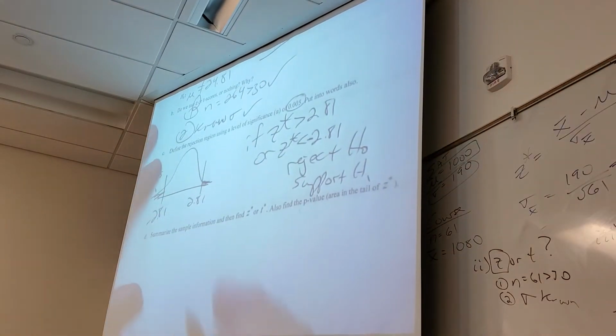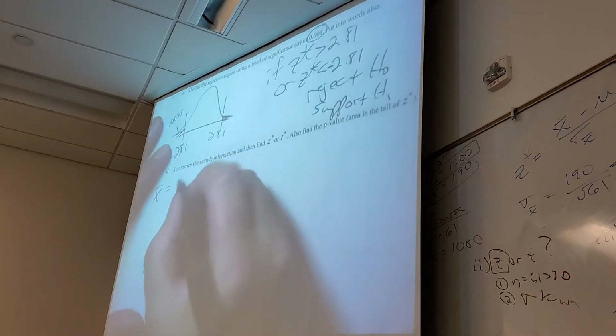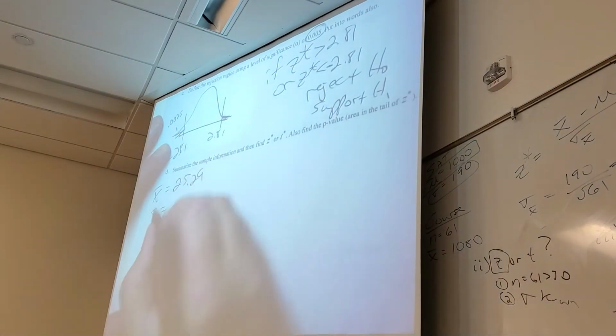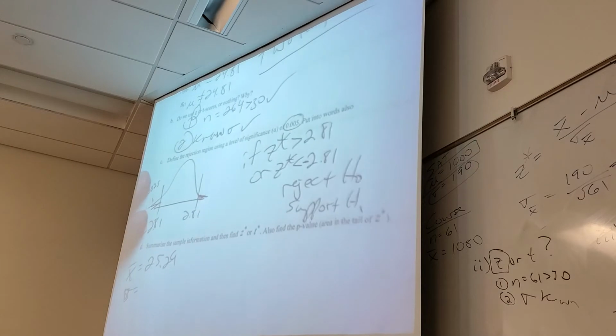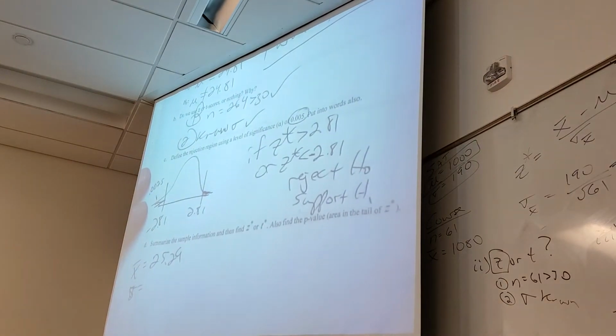So what do we know from the sample? What was x bar? 25.29. What was sigma? 3.15. And what's n? 264.